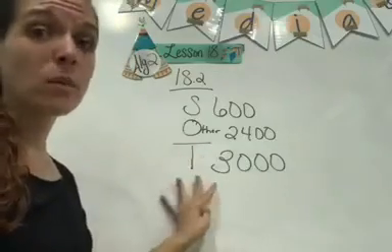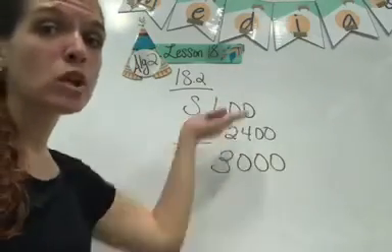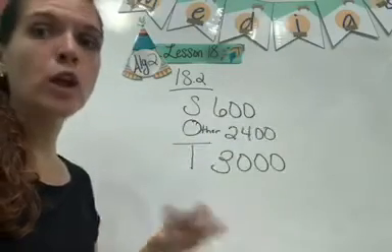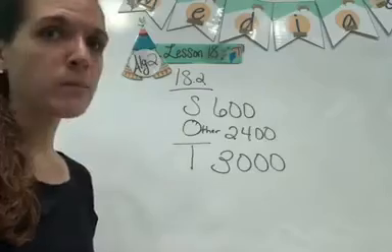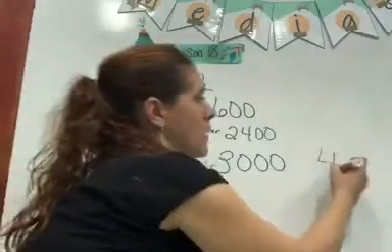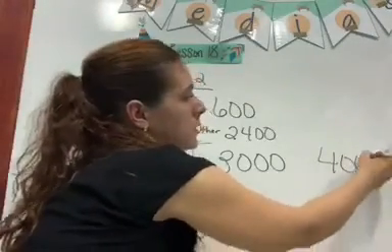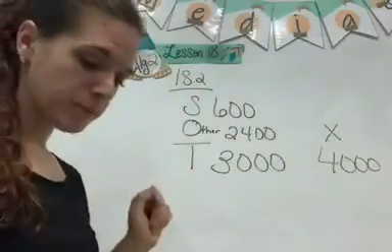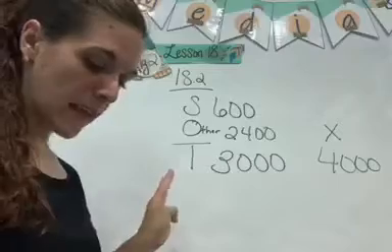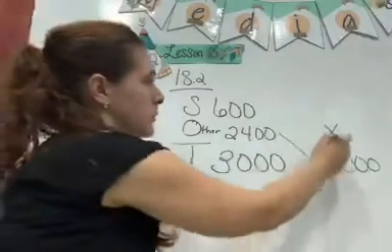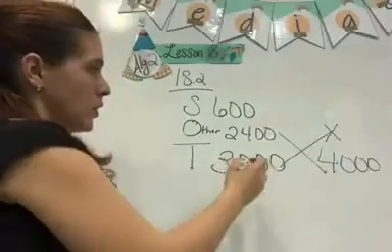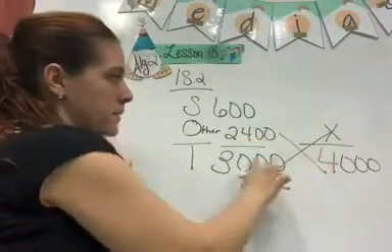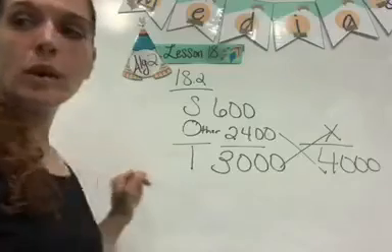Okay, so you see how important it is to fill out stuff that you don't even know you need yet, or fill out stuff that you can figure out first, right? Because now they're going to be asking for how much of that other one is going to be required for the 4,000. So then it's a ratio. You can just do it like that, right? 2,400 times 4,000 equals 3,000x.